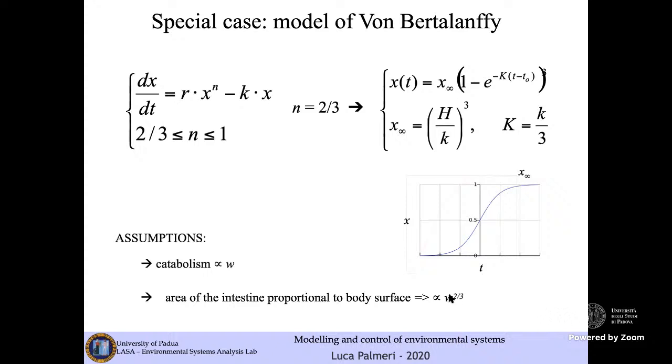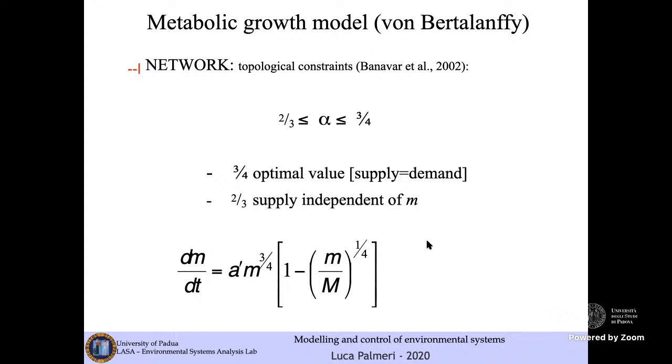This magic number 2/3 appears ubiquitously when we describe, for example, networks of distribution of resources. Again, this is a very general paradigm that is applicable to, for example, distribution of foods, so networks for distributing foods, or distribution of other resources like water, so networks of aqueducts, for example, or even river networks.